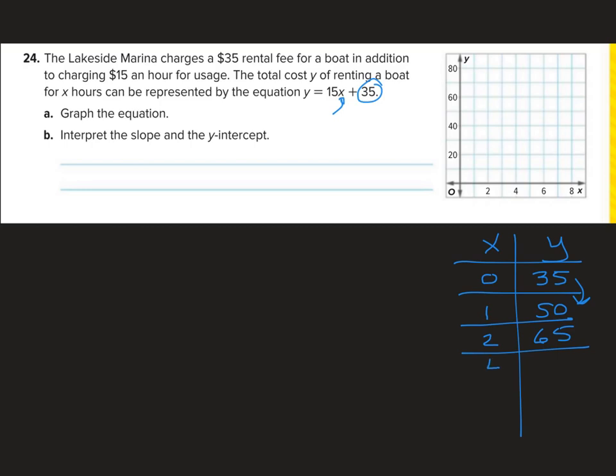So 4, and I'm just going to add 30 each time then. So from 65 to 4 will be 95, and then adding 30 would be 125, and then adding 30 would be 155.